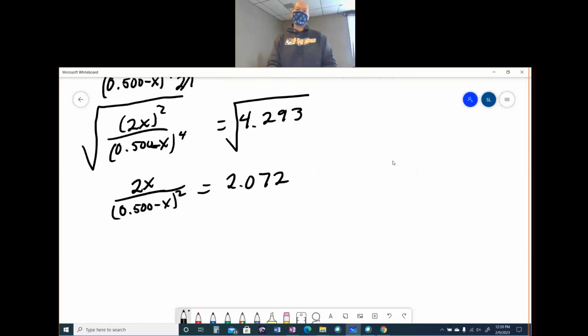All right, so when you have a number that is greater than 1, you should be doing the quadratic equation and not the successive approximations.